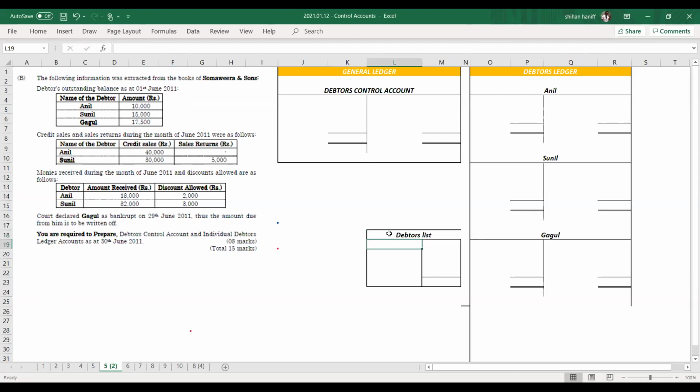Can you all prepare and tell me how much will be the closing balance?